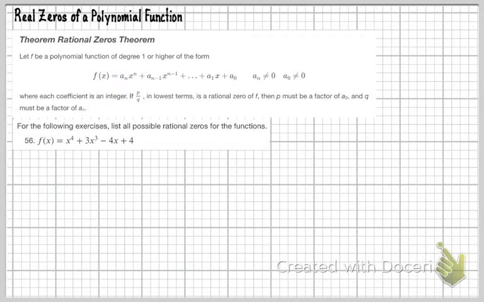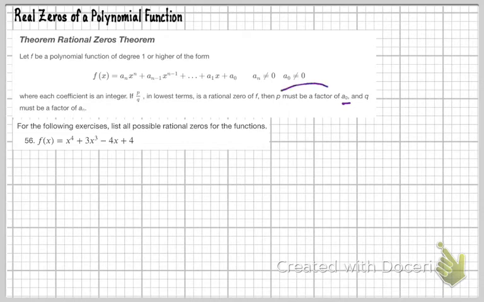Now it says where each coefficient is an integer, so a1 through an are all integers, and lowest terms. Integers. And then it says if p over q in lowest terms is a rational zero of f, then p must be a factor of a naught.